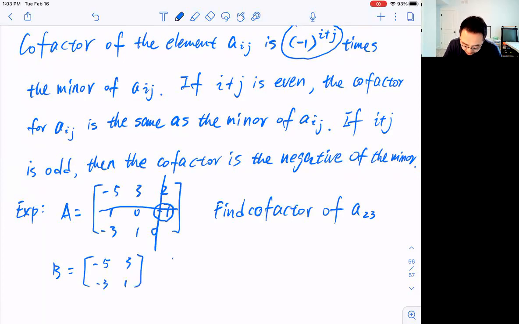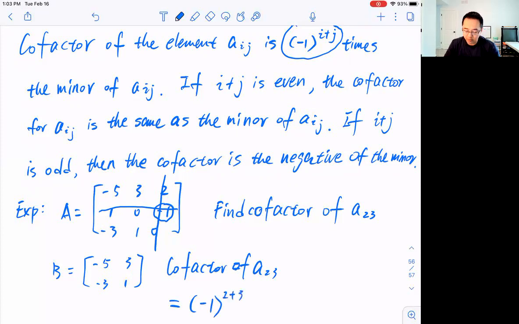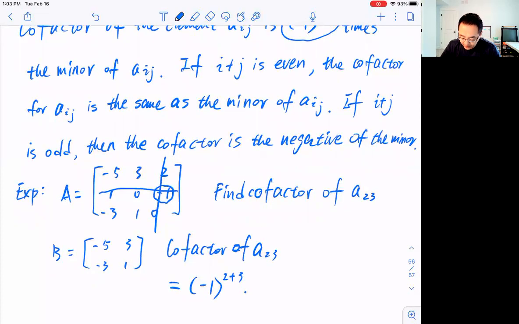So the cofactor of A23 equals -1 raised to the I plus j power, in this case 2 plus 3, times the minor of A23, which is the determinant of matrix B. So that is -5 times 1 minus -3 times 3.